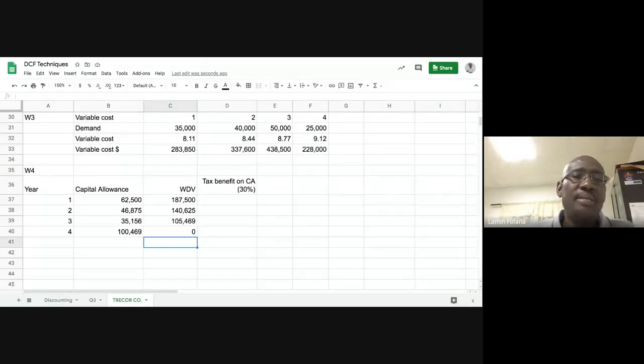Okay, so our capital allowances should be 62,500, 46,875, 35,156, and the final year everything excluding the cash proceeds of 100,469, and that will give us a 0 WDV. Clear?